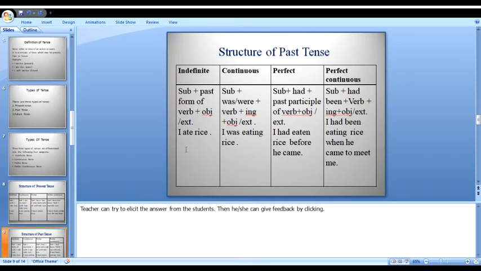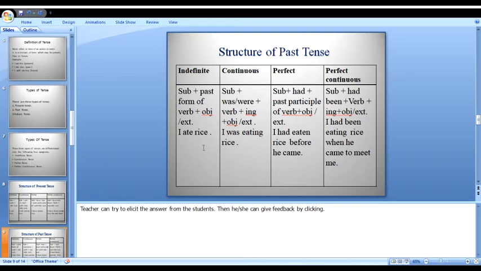For that, we can say the same example. If we change the same example into the past tense, the sentence will be I ate rice. Here, ate is the past form of the verb eat.